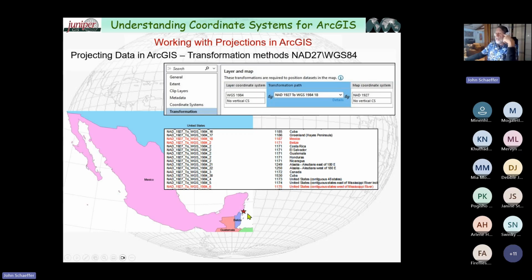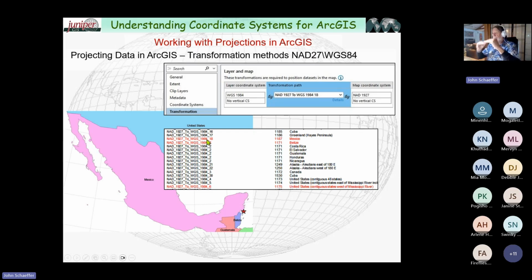So I was working on a project doing reef habitat analysis, way down in Mexico, almost to the country of Belize. And so we had all these dive sites where we had our GPS collected in WGS 84, but all my land data was in NAD 27.